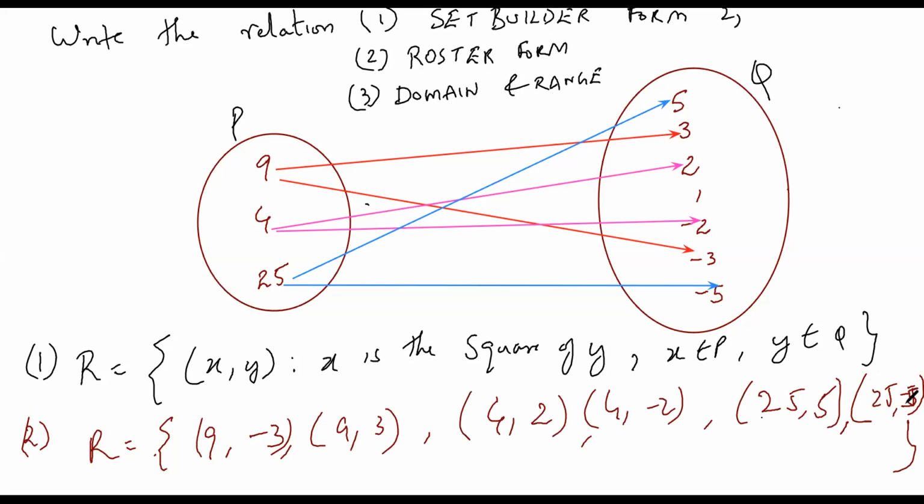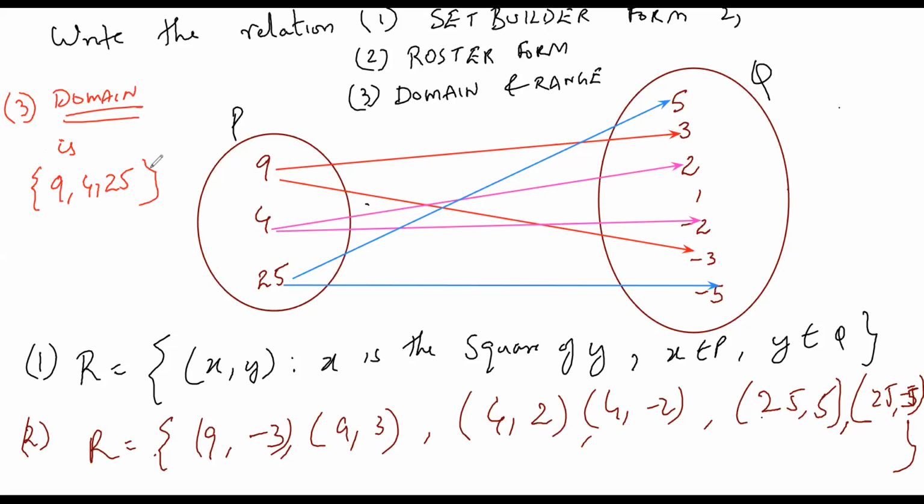The last question is find the domain and range. So what is the domain? Clearly we know what the domain is. The arrows on the left hand side. So domain, I'm just writing it out here. Domain is what? 9 comma 4 comma 25, or 4 comma 9 comma 25, whatever you want, you can put.